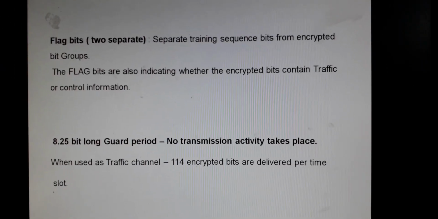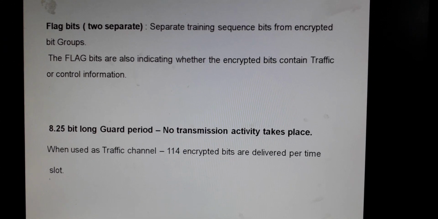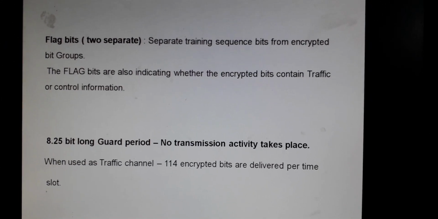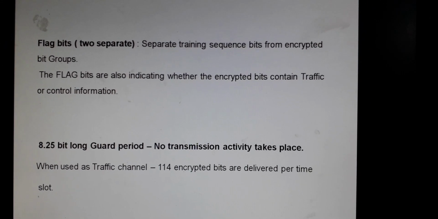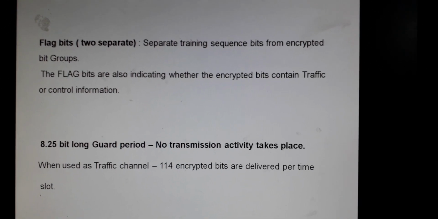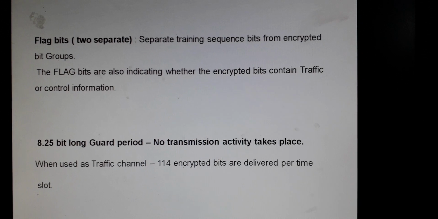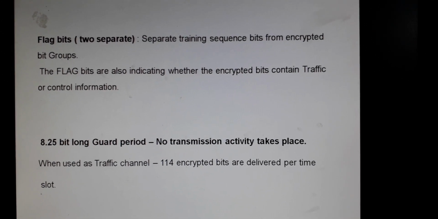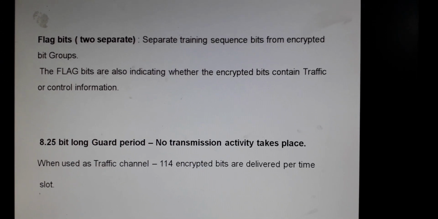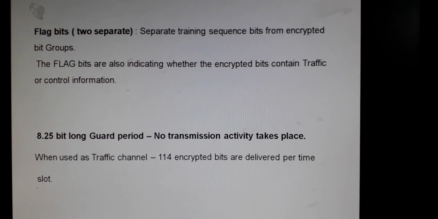So for example, if a flag bit is set to 0, it may contain control information. If the flag bit is set to 1, it contains traffic information. So the 57 encrypted bits in the normal burst may contain traffic information or control information.